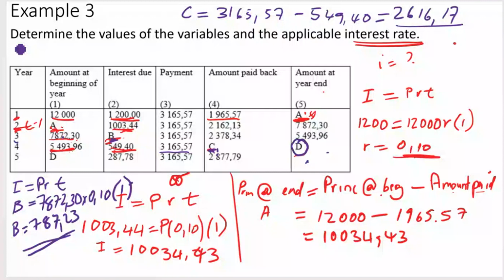If you don't like that, you could have calculated it by multiplying by 10% this amount, because this is an interest. You use this very same formula to get this value. So your D is just going to be equal to 2,877.79.